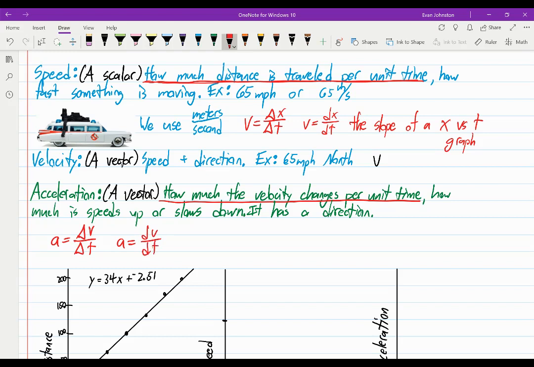So if you're ever given some function for the velocity, just take the time derivative of it and poof, you have the acceleration, which is pretty neat. So really, this means the slope of a velocity versus time graph is the acceleration.